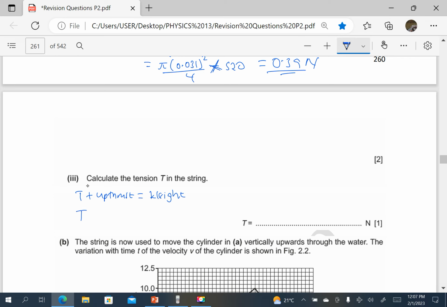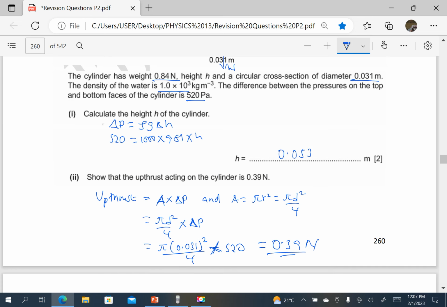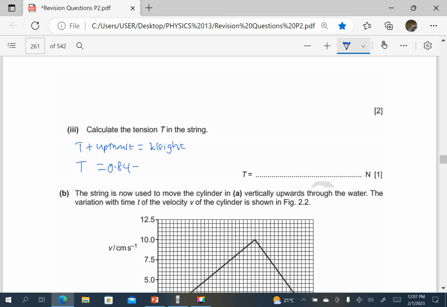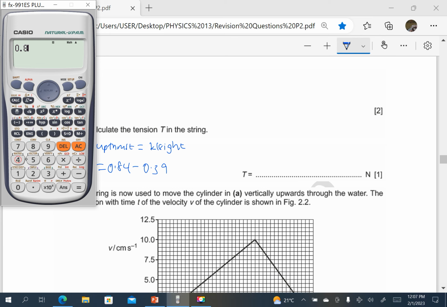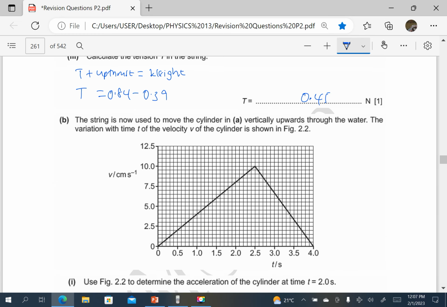So it means that the tension is going to be equal to the weight, which is 0.84, minus the upthrust, which we have got as 0.39. So 0.84 minus 0.39, which gives us 0.45.